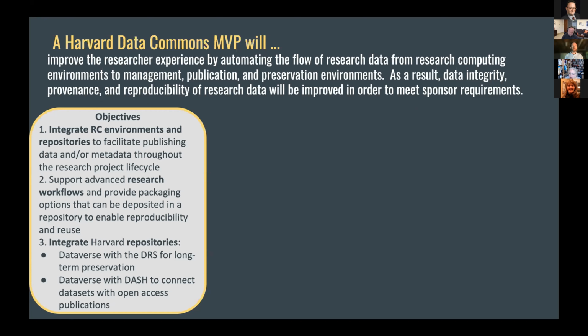The other is Dash, where if you want to publish your publication or your thesis and dissertation in an open access way, they all go into this repository called Dash at Harvard. That way we can connect the data set to the actual publication, and you can see all of it in one collection. And the metadata for all of those other things is part of the Dataverse metadata.